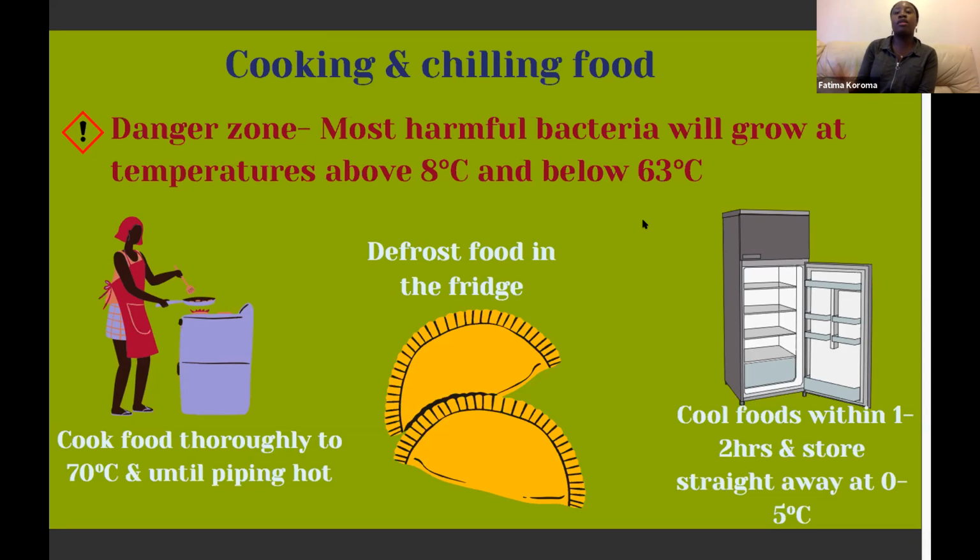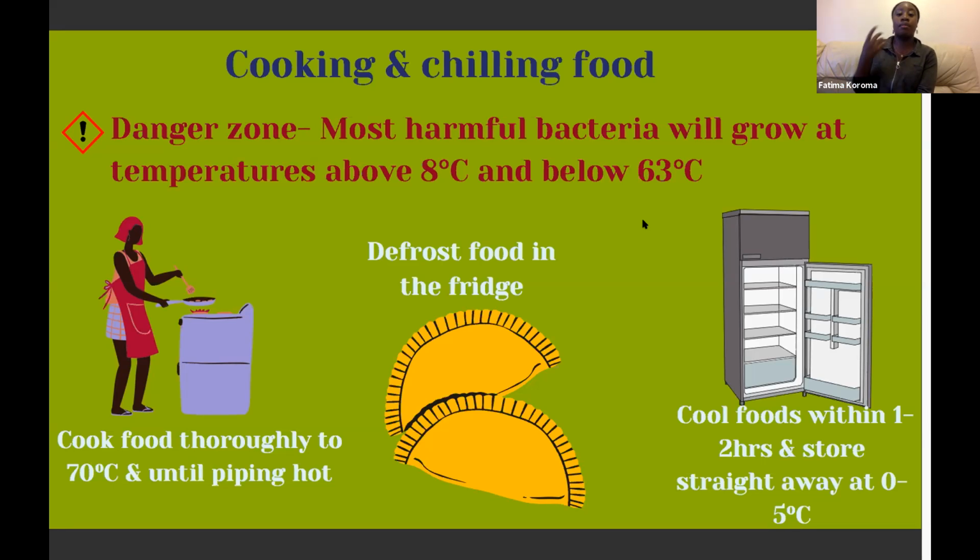So before putting it in the fridge, make sure it cools down quickly, within 1 or 2 hours maximum, so that the food does not sit in the danger zone where bacteria grow. Once it is in the fridge, it is hard for the bacteria to grow. So make sure that the fridge is between 0 and 5 degrees Celsius.